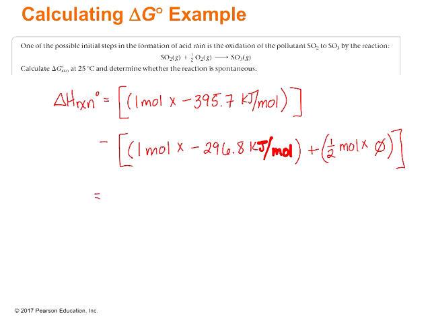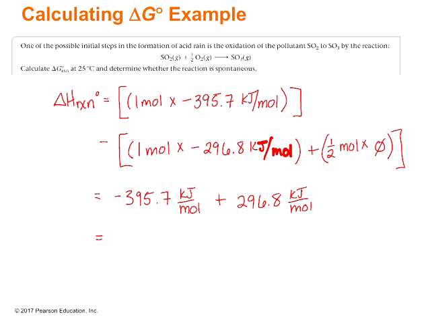Okay, so what we end up with is negative 395.7 kilojoules per mole plus, because we have two negatives, 296.8 kilojoules per mole.